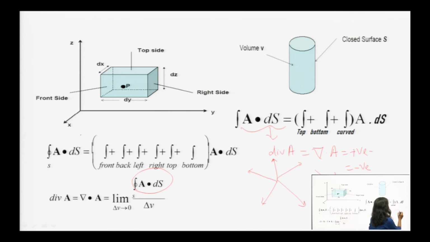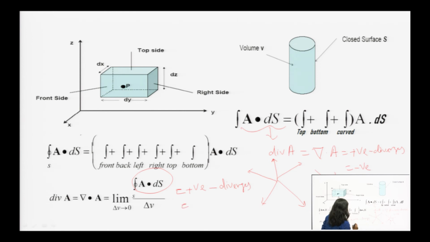It means the field diverges. Negative means field converges. If the value of this is positive, it means field diverges.